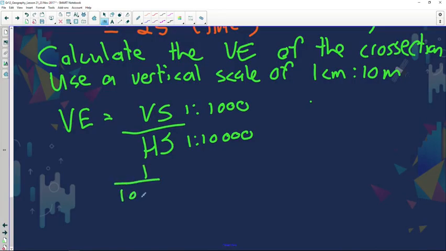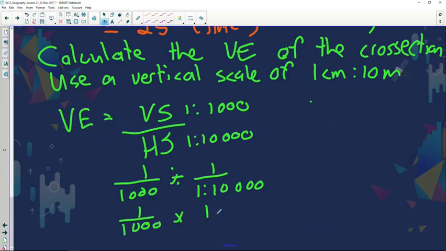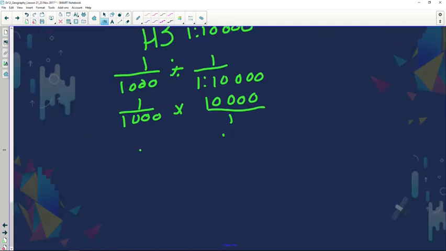Now we need to divide the two with one another. Divide by 1 to 10,000. So 1 over 1,000 times 10,000 over 1. That gives us 10,000 over 1,000.